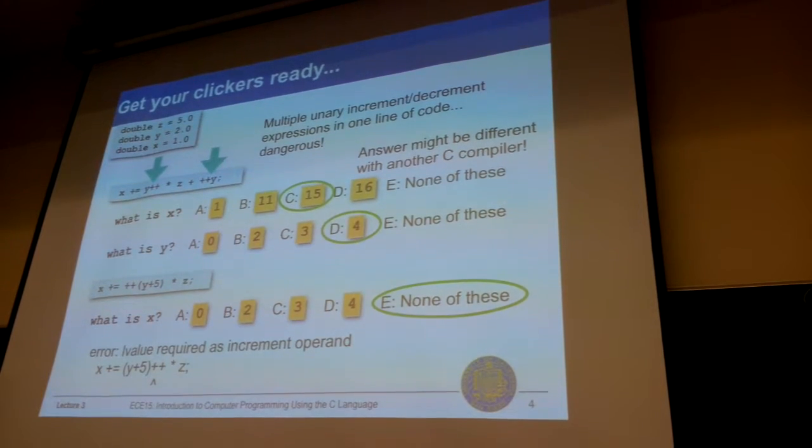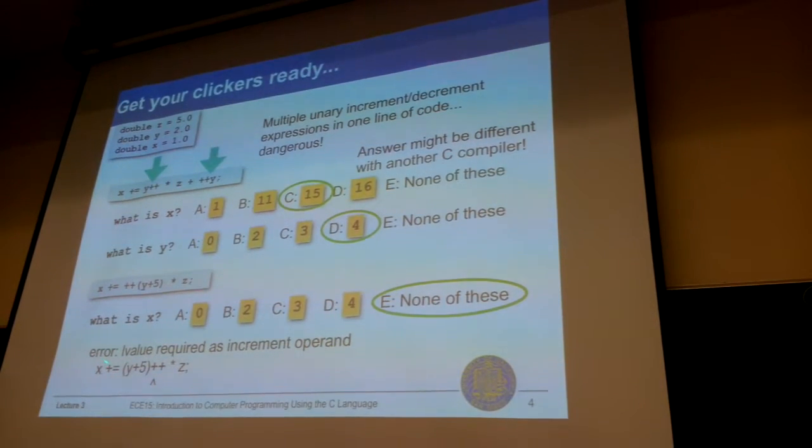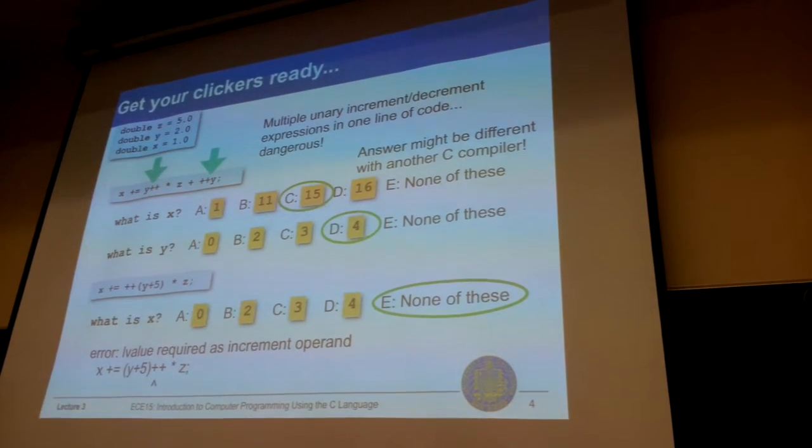Turns out the compiler errors are pretty useful. It says lvalue required as increment operand. What does that mean? Well, it turns out that you can't have an expression over here, right? It has no idea how to apply a plus plus to y plus 5 because that's not a variable. So this would not compile.